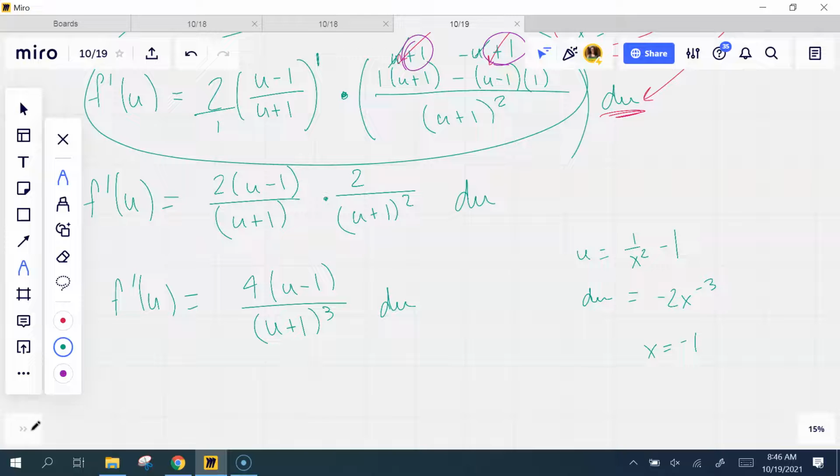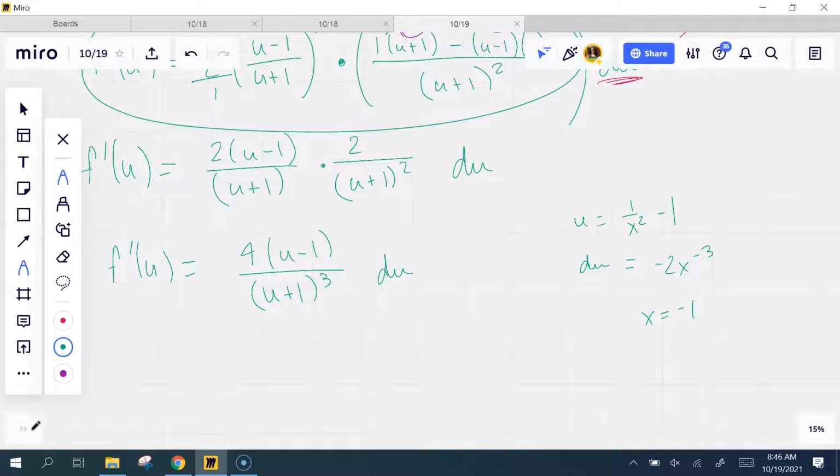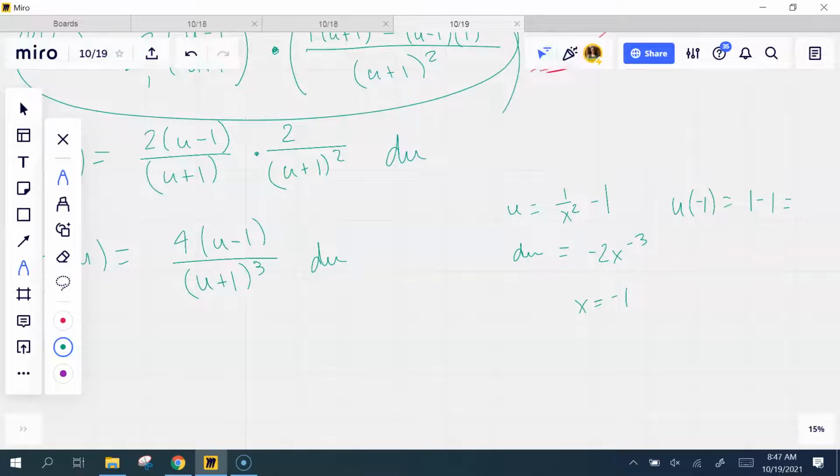You certainly could. Because I'm evaluating when x equals negative 1, so u of negative 1 would be, that might be easier if you do it like that, 1 over negative 1 squared, which would be 1 minus 1, which would be 0.